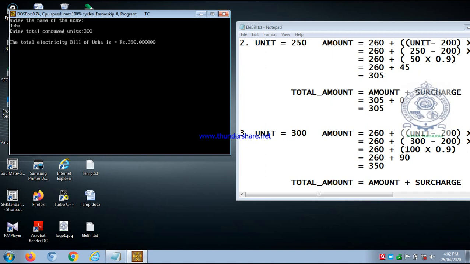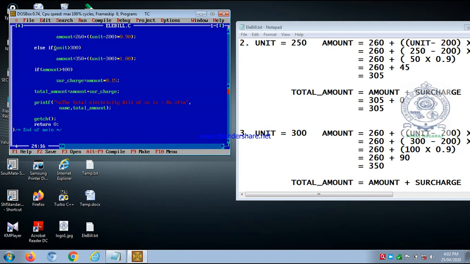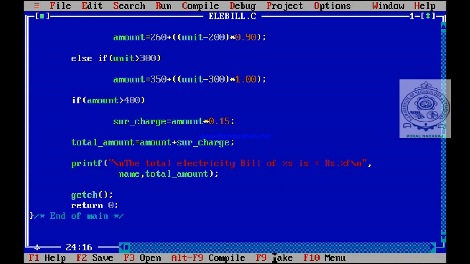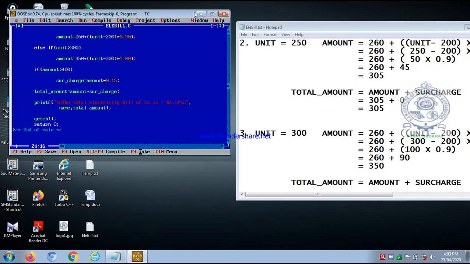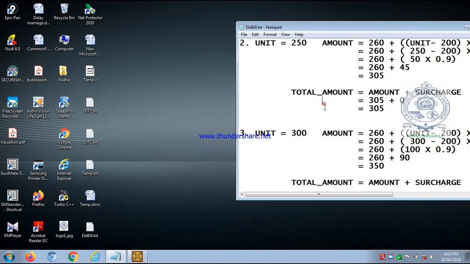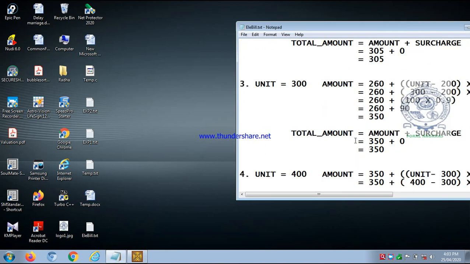See here, we have computed 350. Then once again we shall run it. So for 300 it is 350.